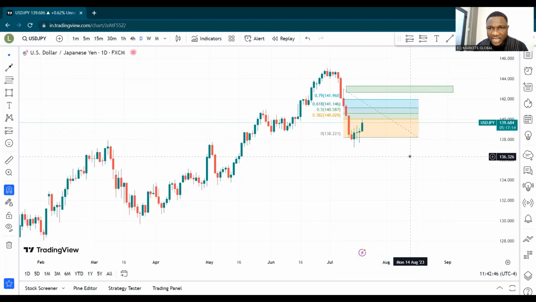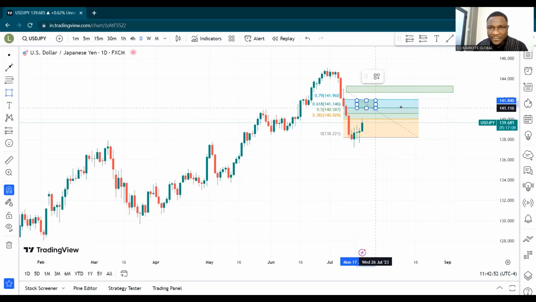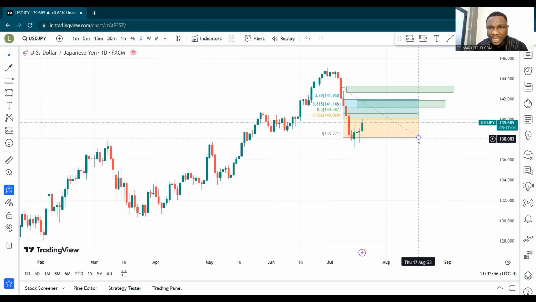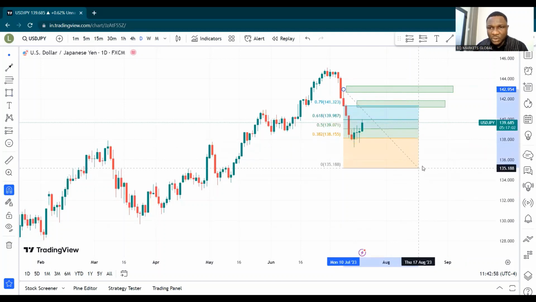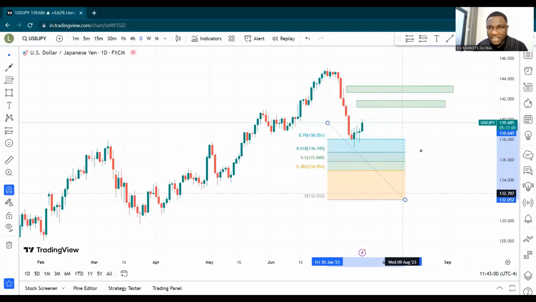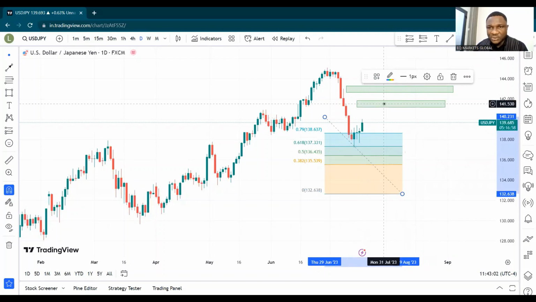This is another imbalance. So I'm still going to find the area that I will be expecting my retracement to come into. This is another area I'll be expecting my retracement to also come into. Can you see that? I'm expecting retracement into this zone and continuation to the downside.